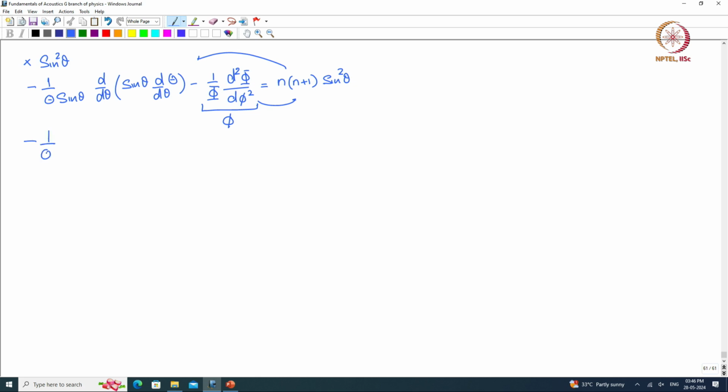Minus 1 over theta sine theta d by d theta of sine theta d by d theta of theta minus n into n plus 1 sine square theta is equal to 1 over phi d2 phi by d phi square.